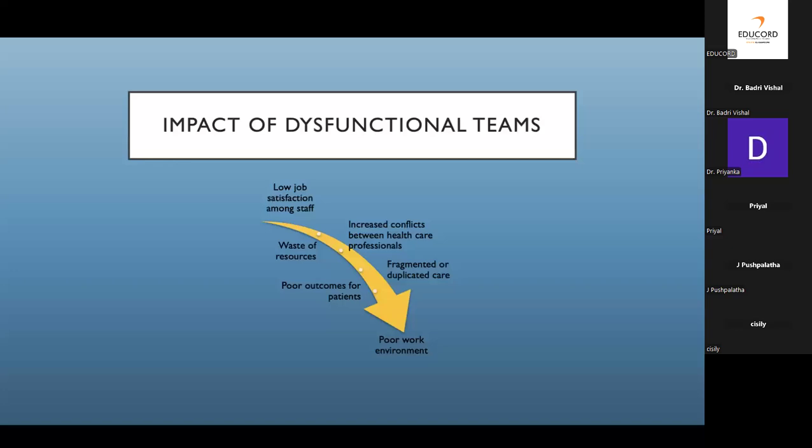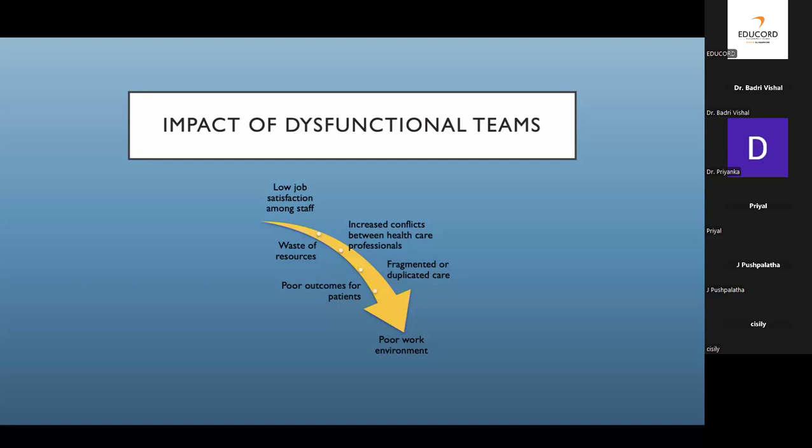Okay, so this will create a low job satisfaction among the staff. Now, this low job satisfaction will lead to attritions. So the team will not be staying together. The people will be coming and going very frequently, which does not give a very good image to the clients or the patients, because what they usually understand is that the people working here are not very stable.